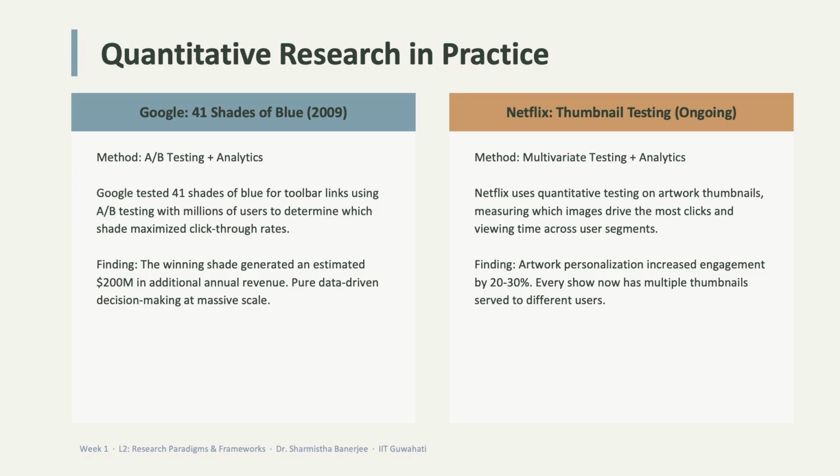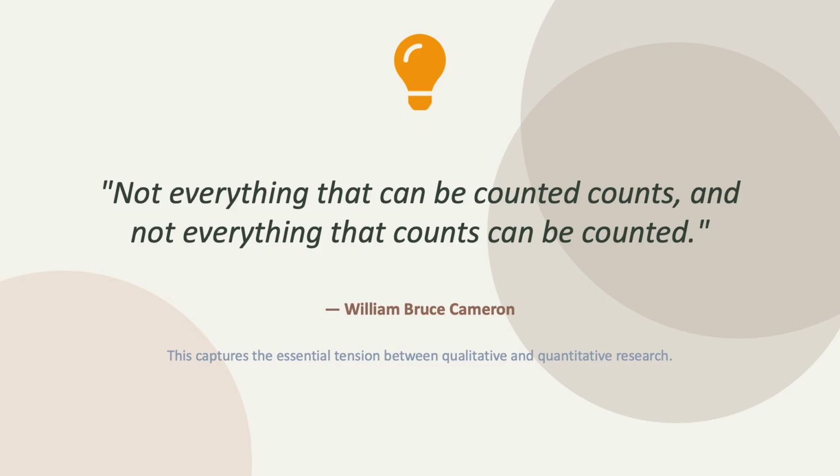They observed that by doing this personalization, they were able to improve engagement by 20 to 30%. So every show now has multiple thumbnails which are served to different kinds of users based on the framework they have established. Not everything that can be counted counts, and not everything that counts can be counted.